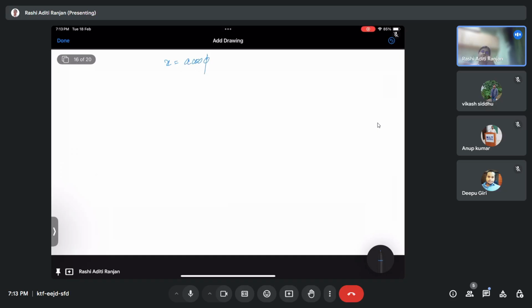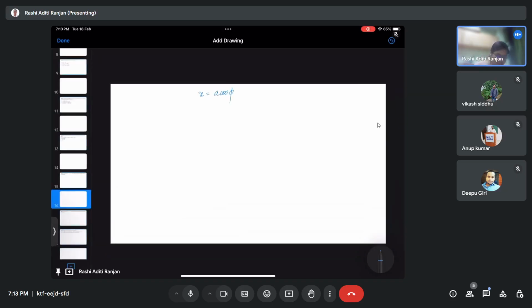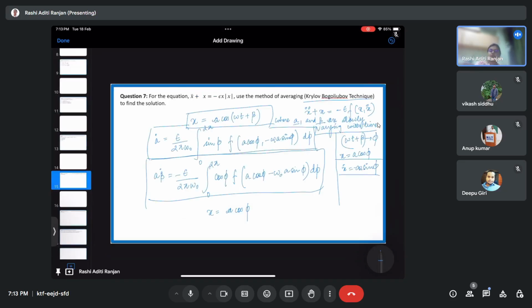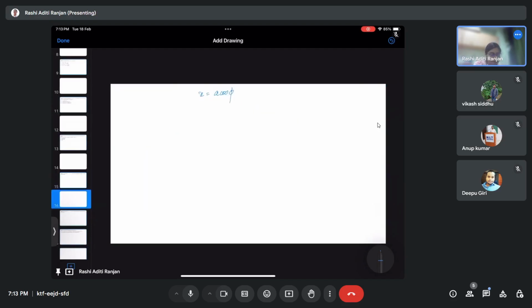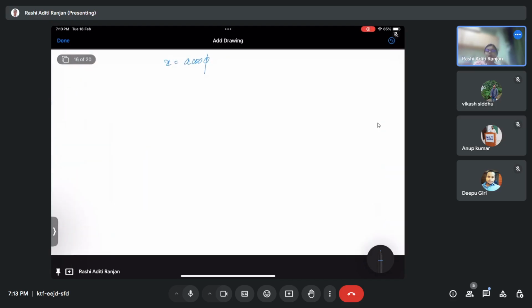Since I have the integration from 0 to 2 pi, I have to look at how cos phi changes value from 0 to 2 pi, positive or negative. So now I plot cos of phi versus phi. What do I get?